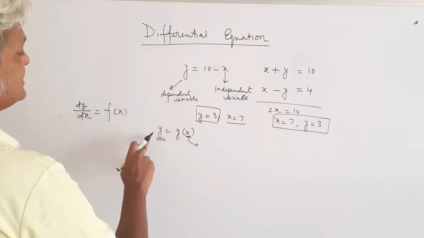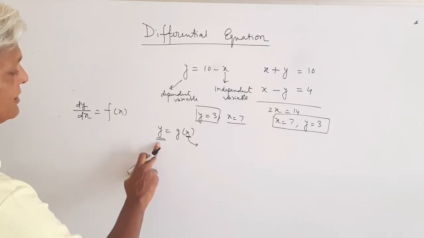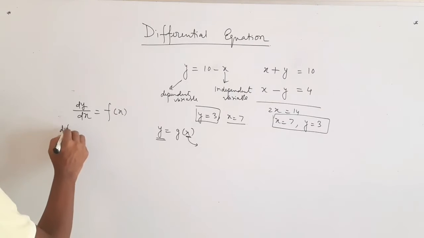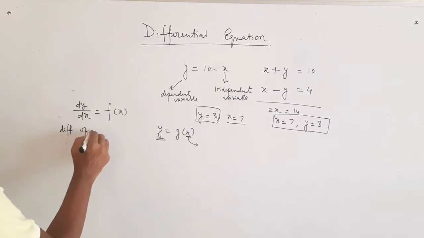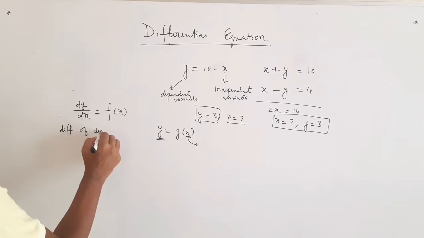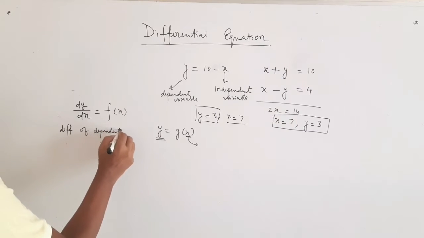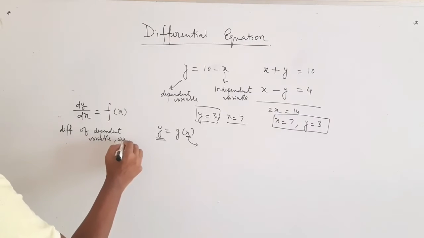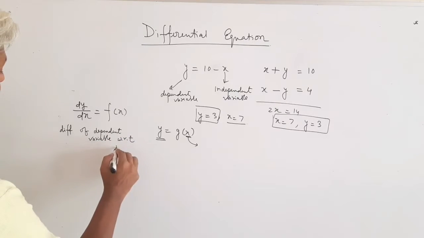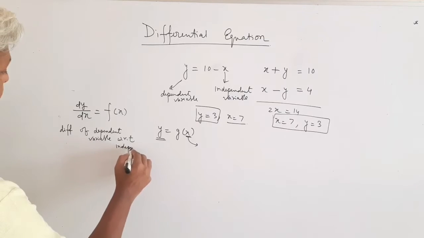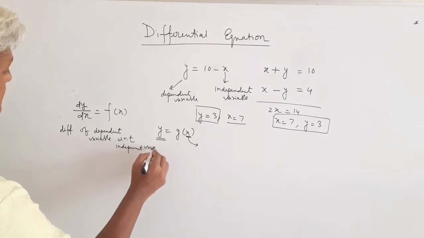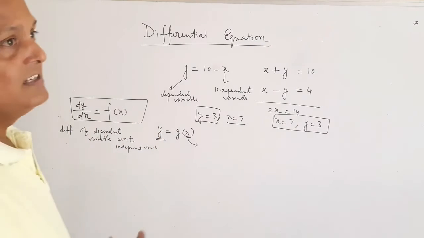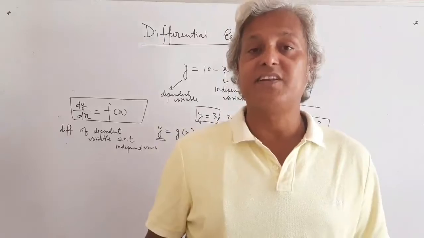The differentiation of the dependent variable with respect to x, this dy by dx, is called the differentiation of the dependent variable with respect to the independent variable. And equations of this kind generally come in the category of differential equations.